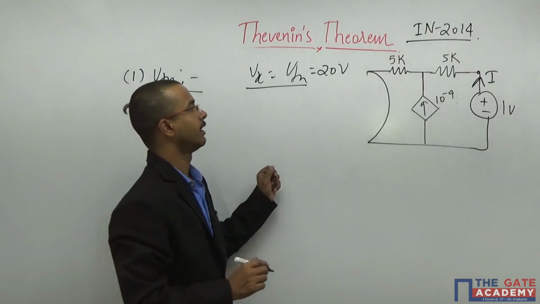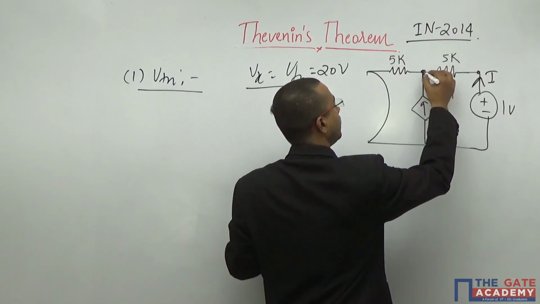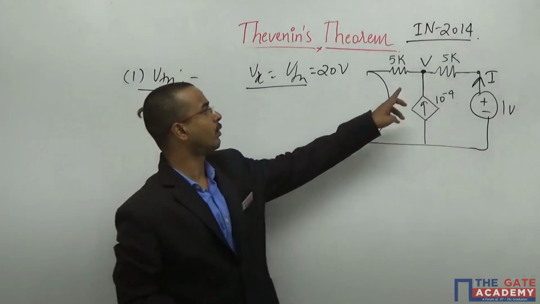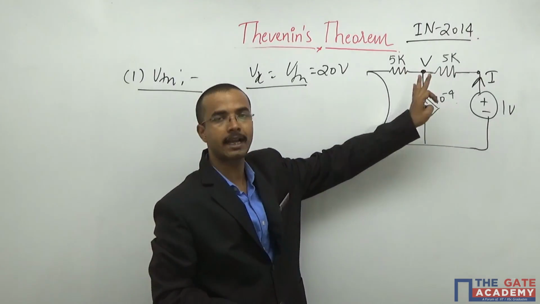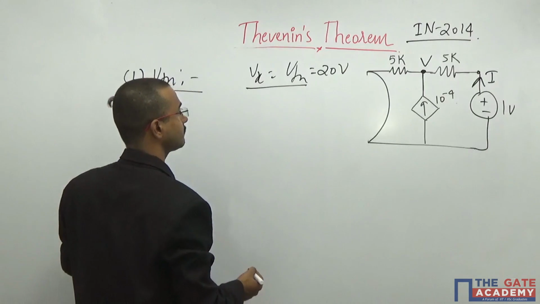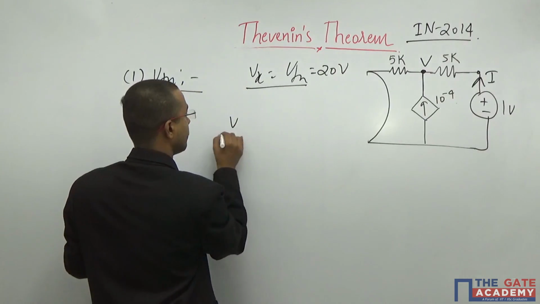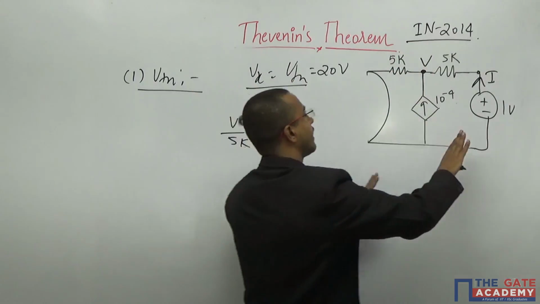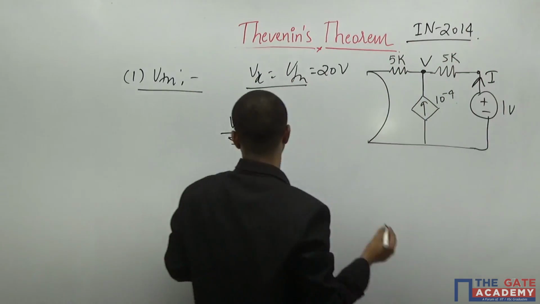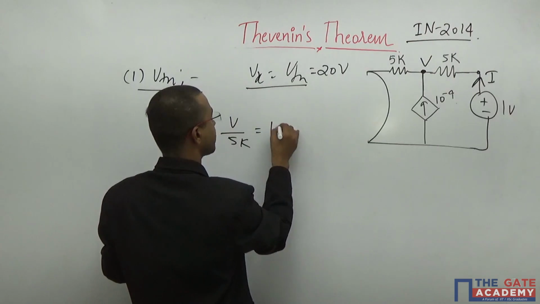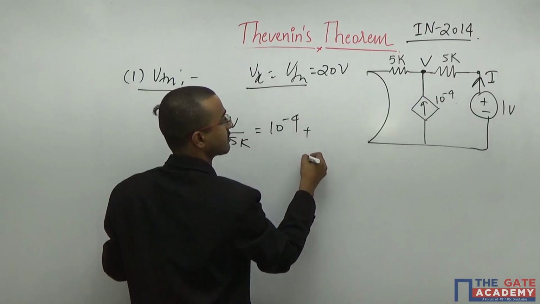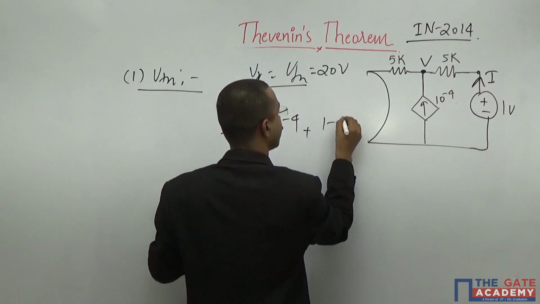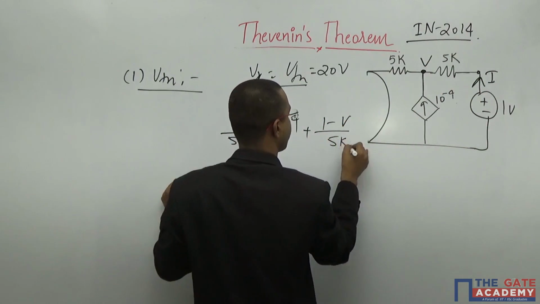Now here the voltage I am assuming V. Just apply the nodal at this particular point and you will get the value. V by 5k, current of this particular branch, it is outgoing, and the rest of the currents are incoming, is equal to 10 raised to minus 4 plus the current, which is 1 minus V by 5k.